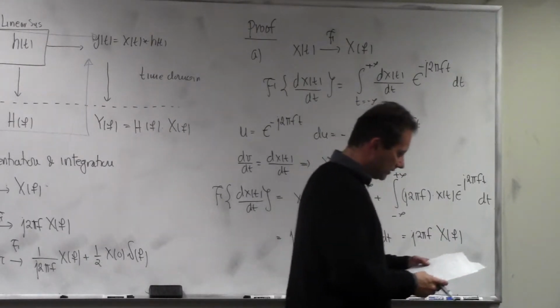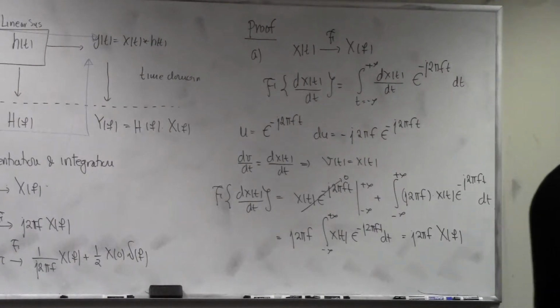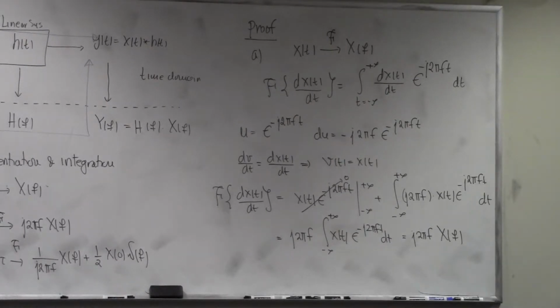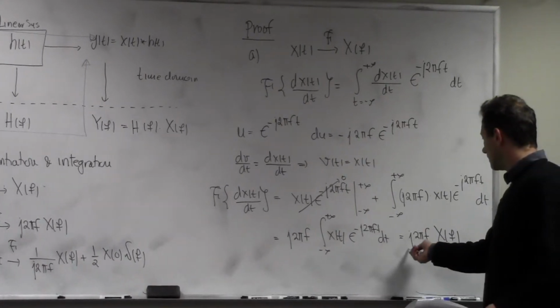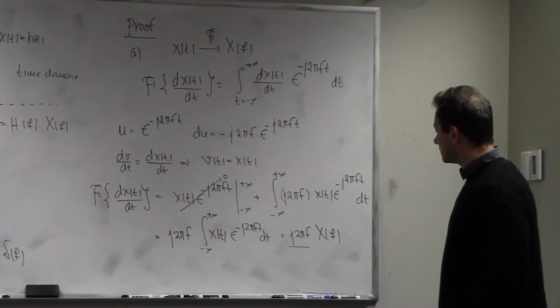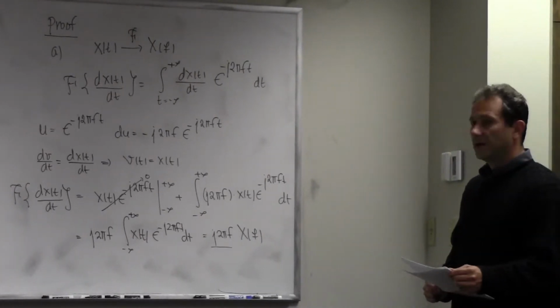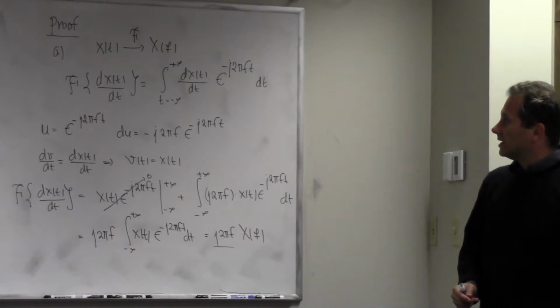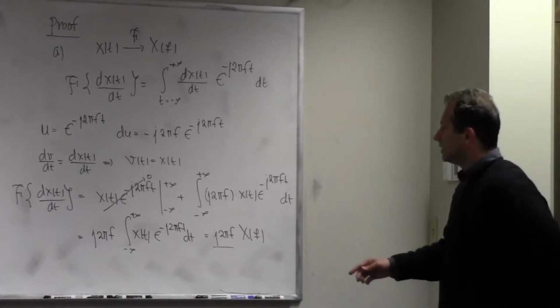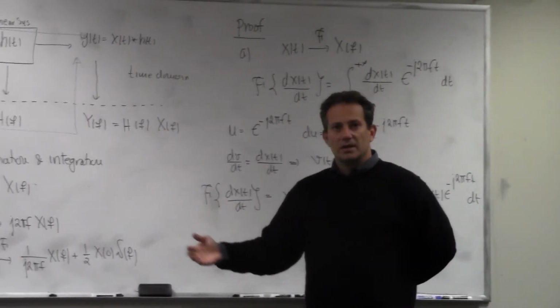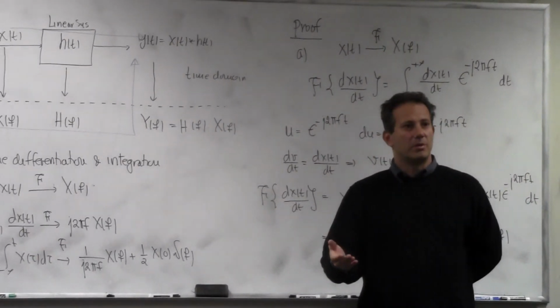So taking the derivative in the time domain is equivalent, in the frequency domain, to multiplication of the Fourier transform of the signal by j 2 pi f. Now let's think about what this means. This tells me that taking a derivative is essentially a filtering operation.